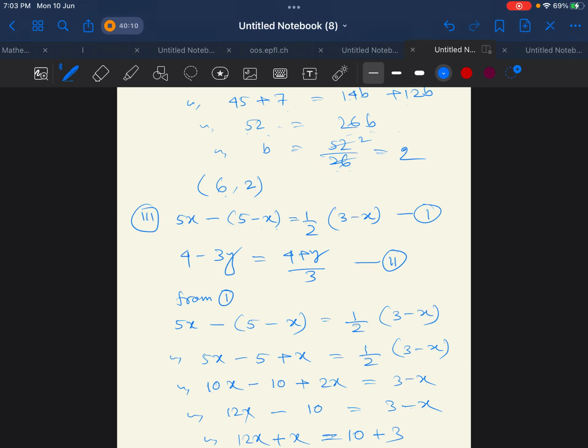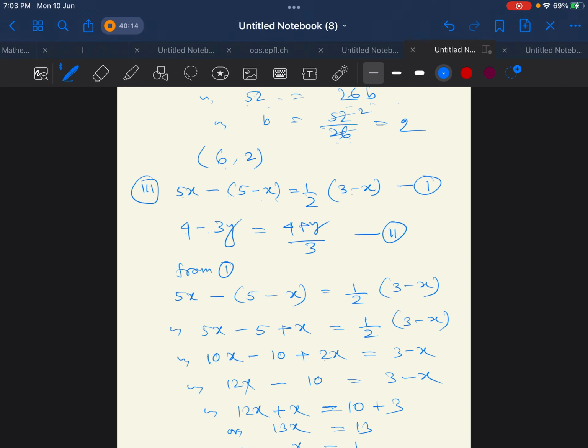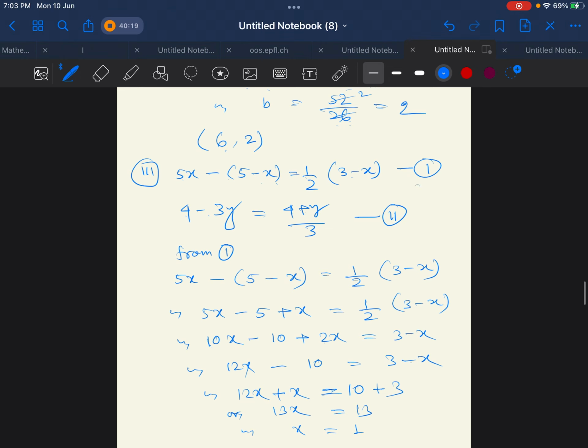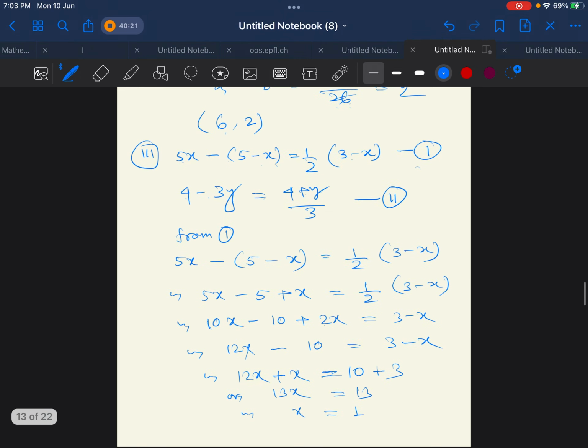Third question. The first equation is 5x minus 5 minus x equals 1 by 2, 3 minus 6, and the second equation is 4 minus 3y equals 4 plus y by 3.